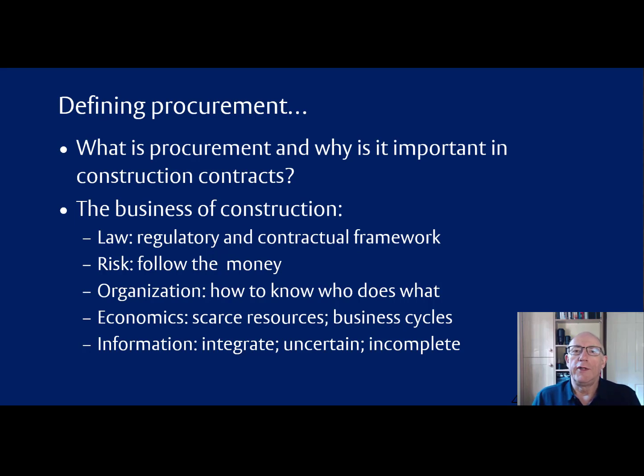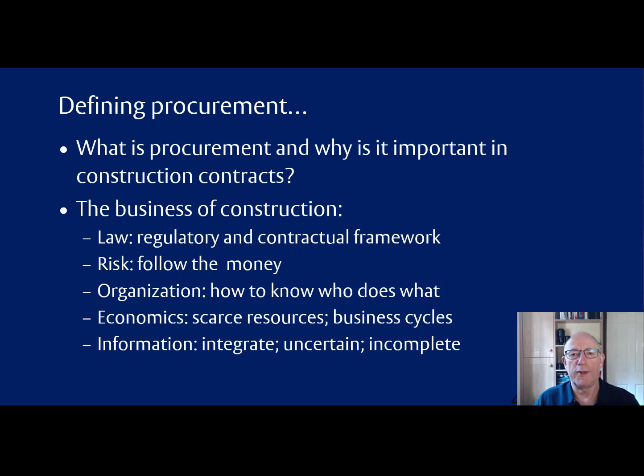Third, we need a little bit of organisational science, organisational theory, because there can be hundreds of different people involved in a construction project, if not thousands, and they tend to come from a large number of very small firms. And so not only do we need to understand the organisational framework in terms of how we understand who does what, but we have to overlay upon that a contractual framework.